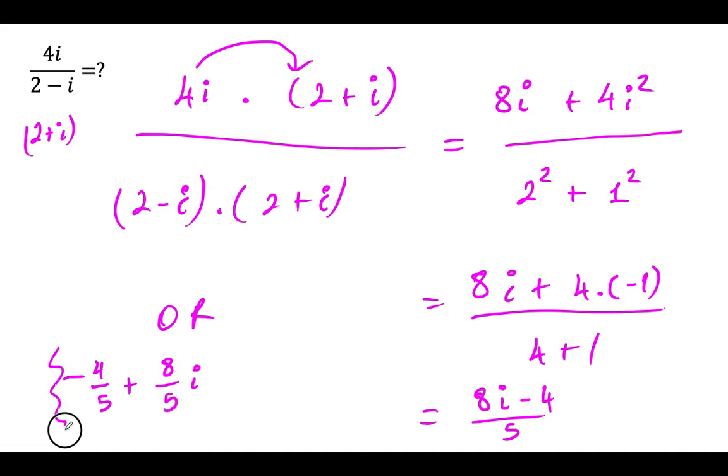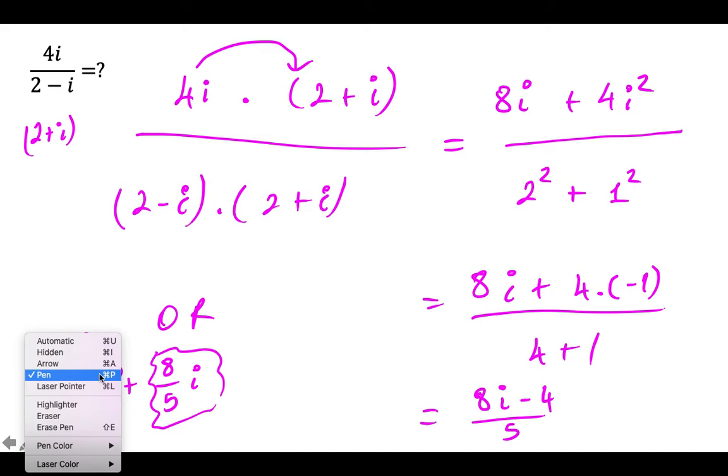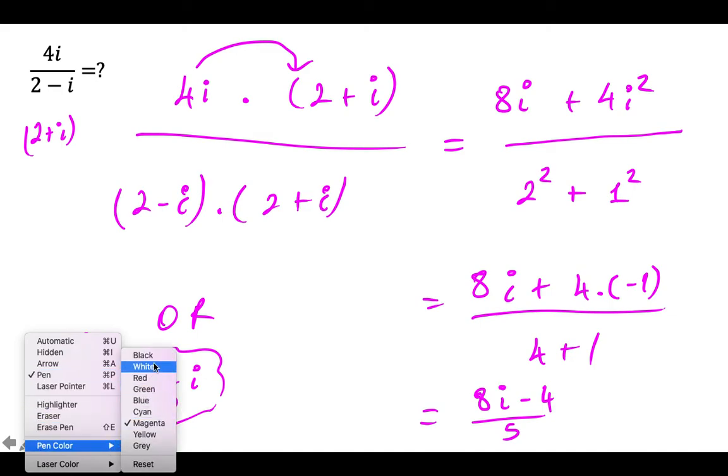Okay, we write first the real part, which means without i, and then we write the part with i. That's it. If this practical way is not clear, I can also explain it to you. Here, let me change the color.